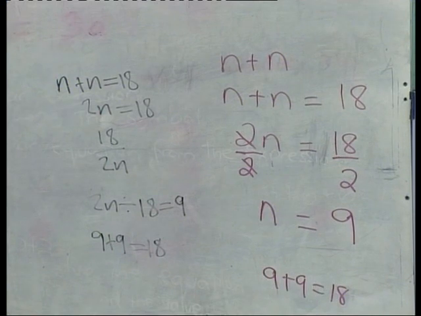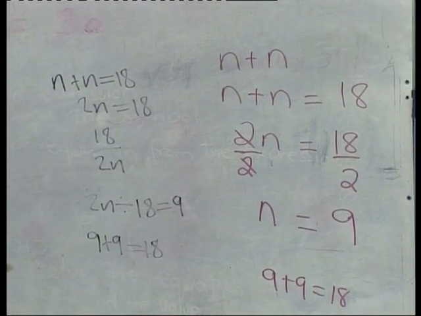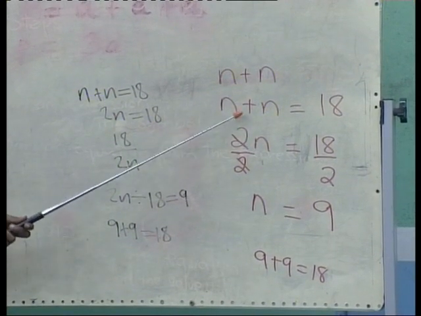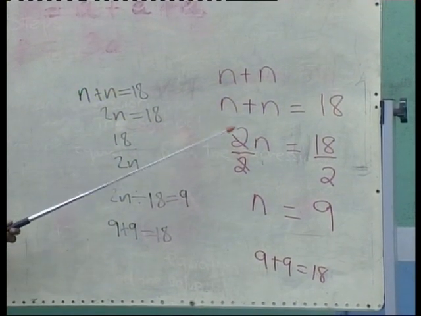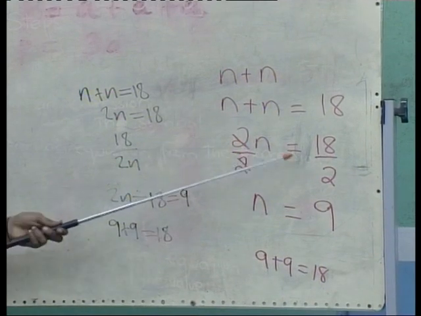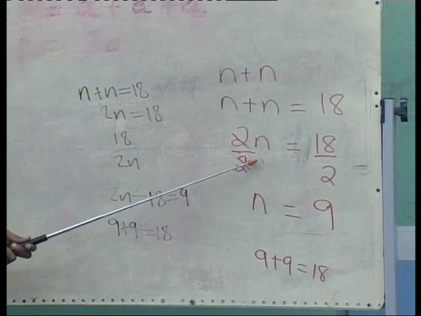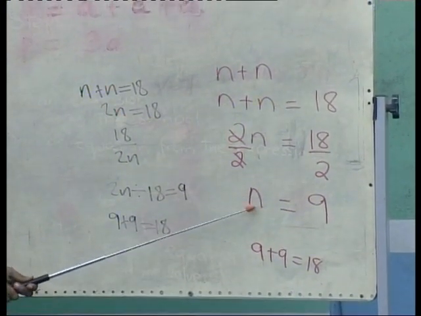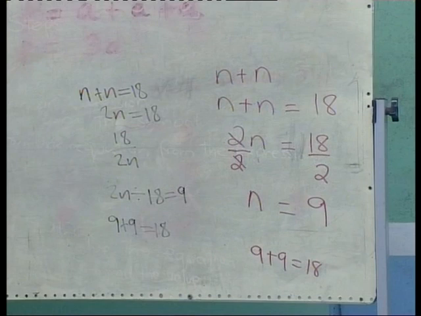All right. Okay, 7Os and receiving students, using this, make sure you follow the correct steps. Here you are dividing 2n by 2, 18 divided by 2. So you remove the 2, you have n is equal to 9.